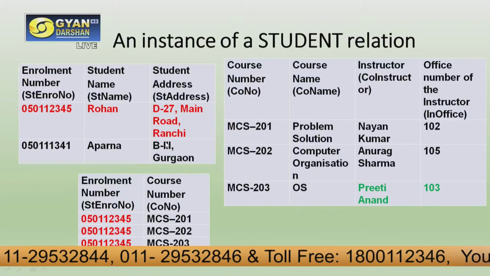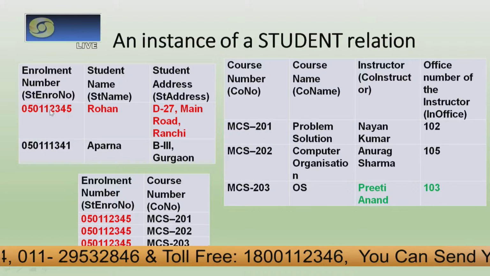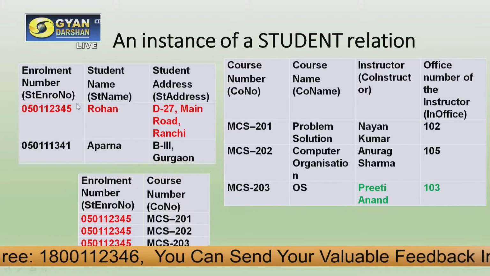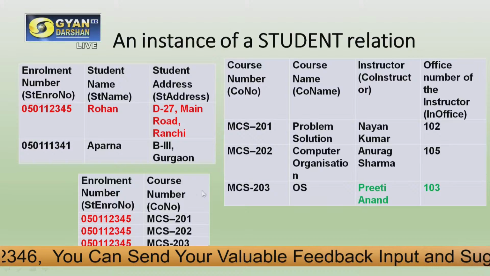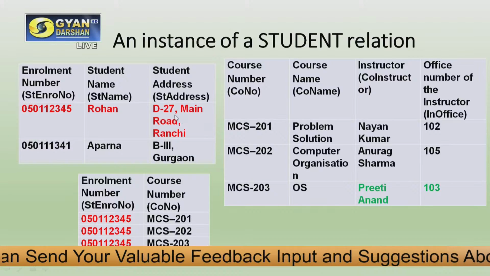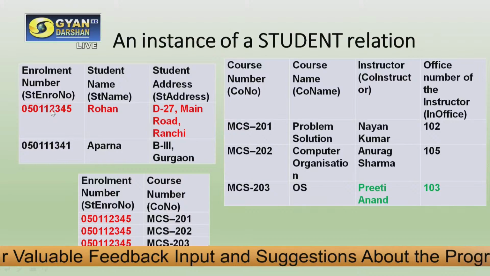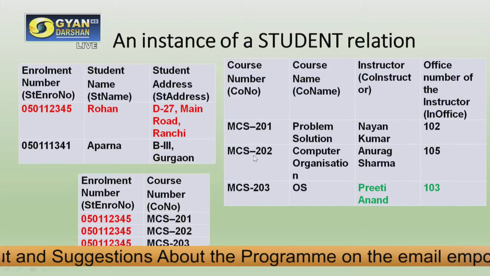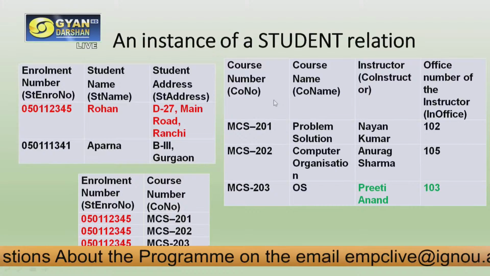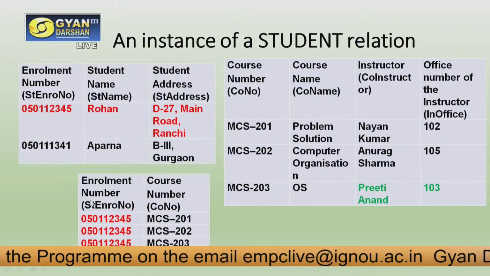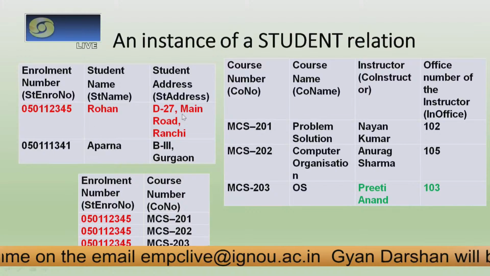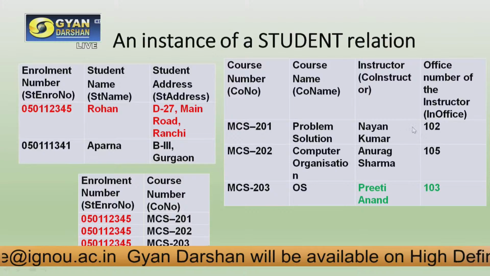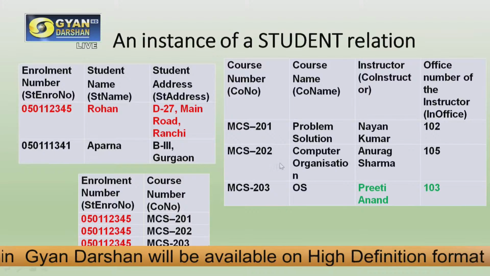Now look into one particular thing. If I want to produce the original data, I'll be joining this table with this table and this table with this table. These 2 tables will be joined on enrollment number. These 2 tables will be joined on the course code. So what you will get: 001 Rohan, the address, then MCS 201 problem solution, Nayan Kumar 102, which was the original tuple.